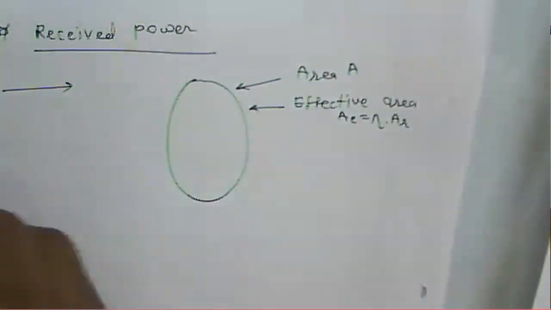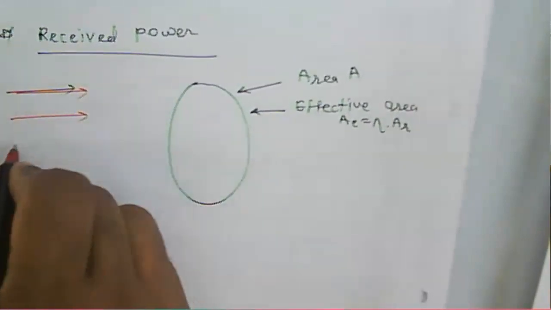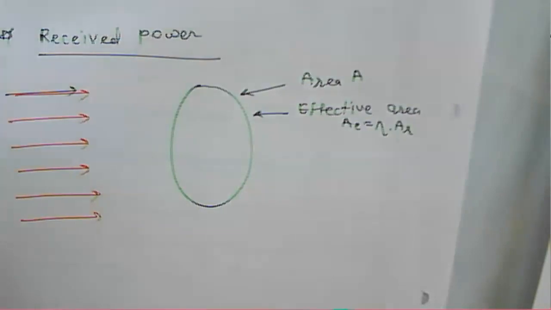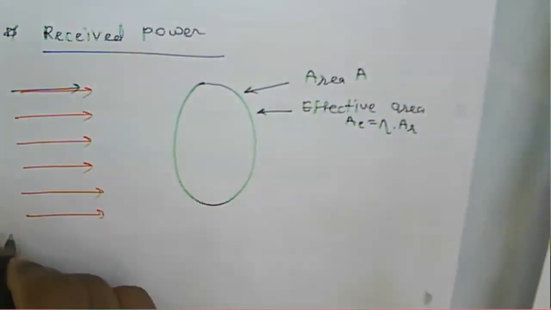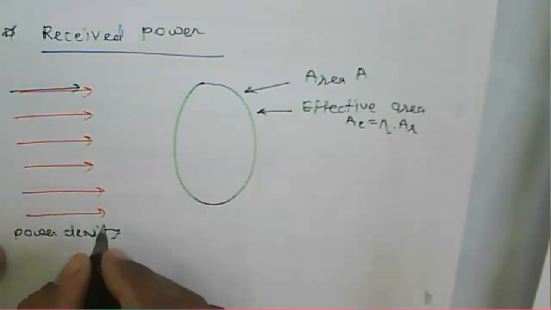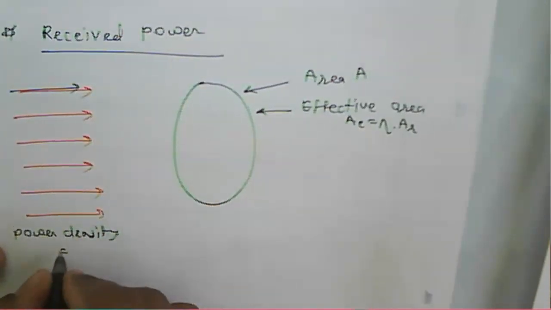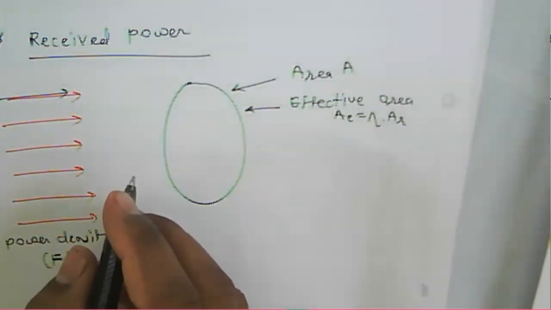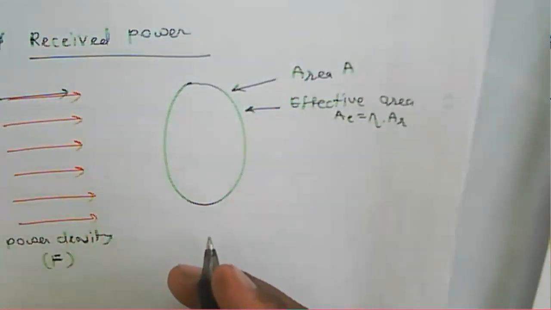So these are the rays received, or you can say this one is nothing but a power density F, that is watt per meter square.